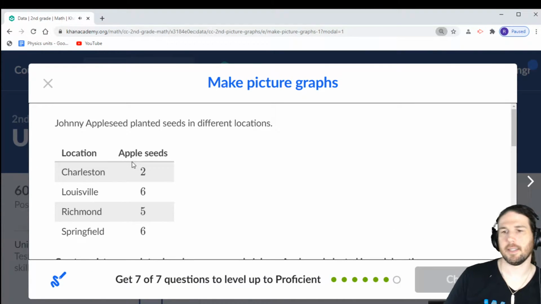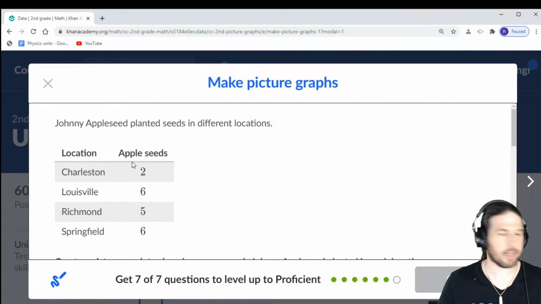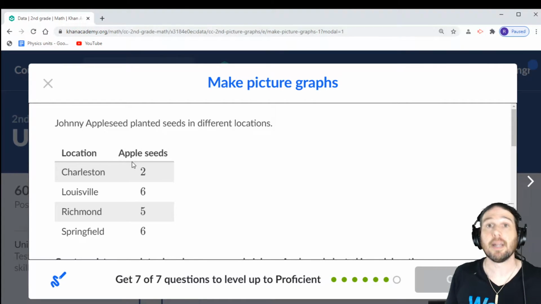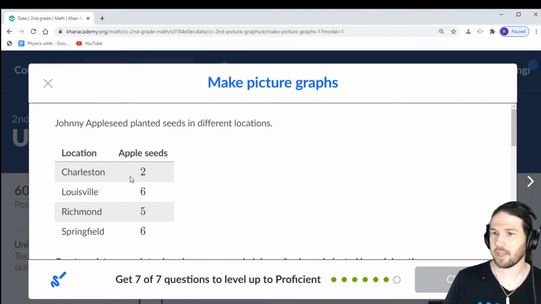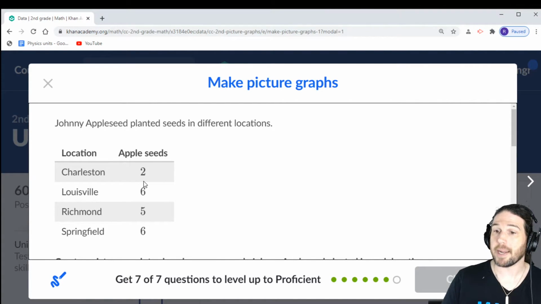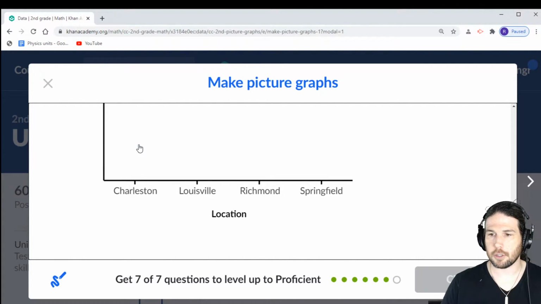Johnny Appleseed. Ah, yes. One of those American myths about a colonizer who liked to kill lots and lots of native people and plant non-native plants in order to ruin the ecosystem. Johnny Appleseed, thank you very much for ruining the ecosystem. But he planted 2 apple seeds in Charleston, so that will be 2.